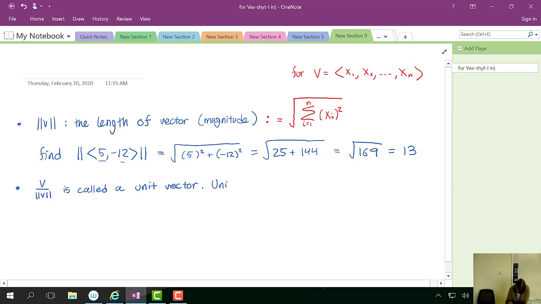And what's special about unit vectors is that unit vectors always have magnitude of 1, which is to say, if I took the magnitude of this guy, v divided by its length, that would have to equal 1.